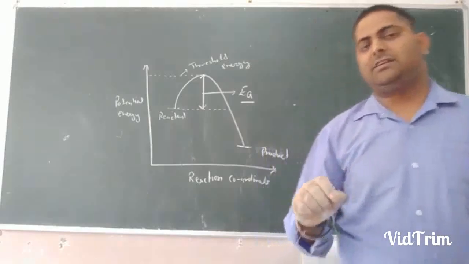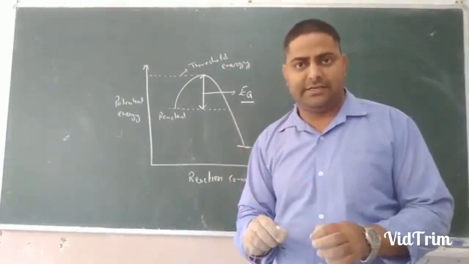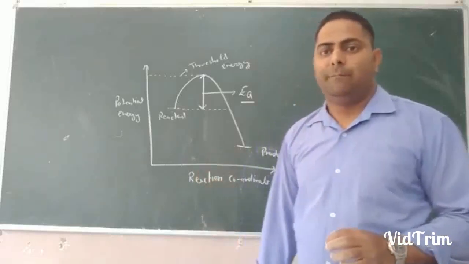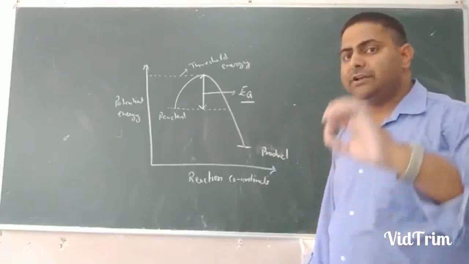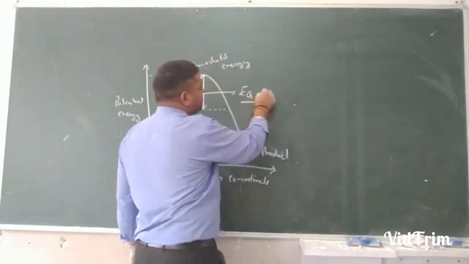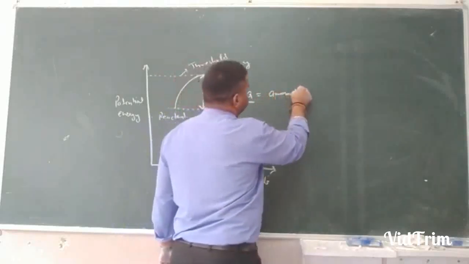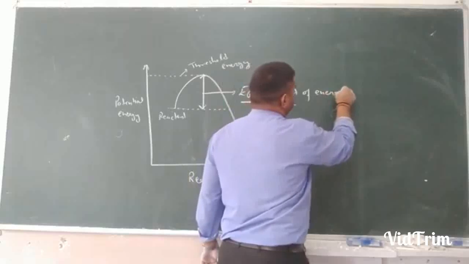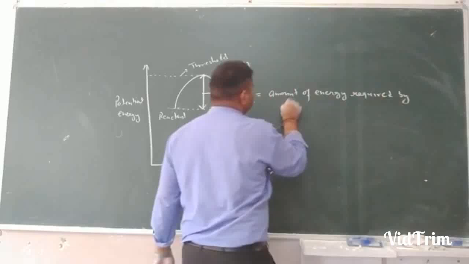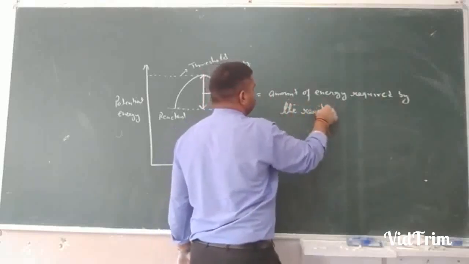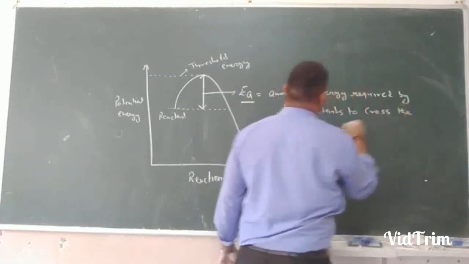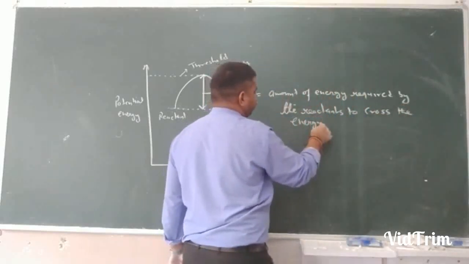So activation energy is the extra amount of energy which a reactant requires to get converted into product, or the amount of energy required by the reactant to cross the energy barrier.